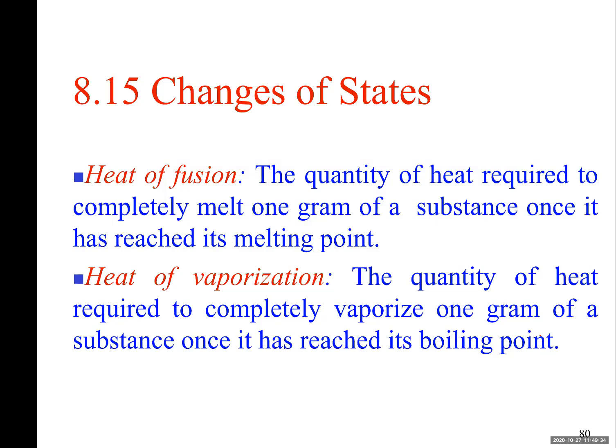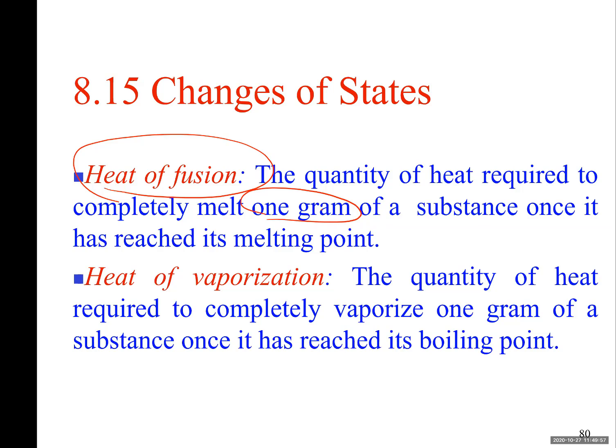In order to discuss this, I'm going to define two terms for you. Heat of fusion. Guys, if you want to melt ice, do you need to heat the ice to melt it? Yes. Think of getting 1 gram of ice, a tiny amount.